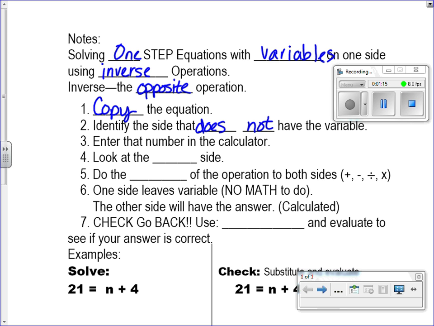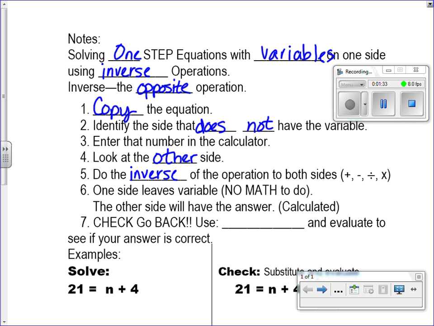Look at the other side. Do the inverse of the operation to both sides.